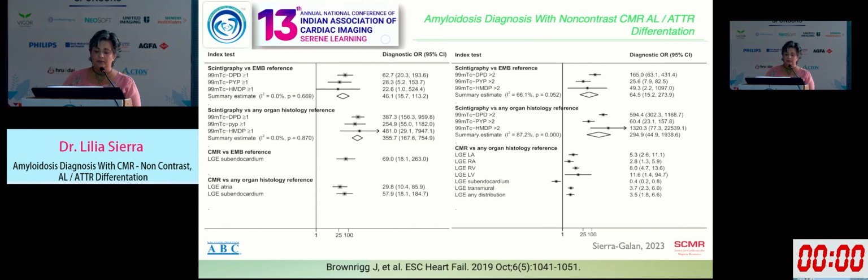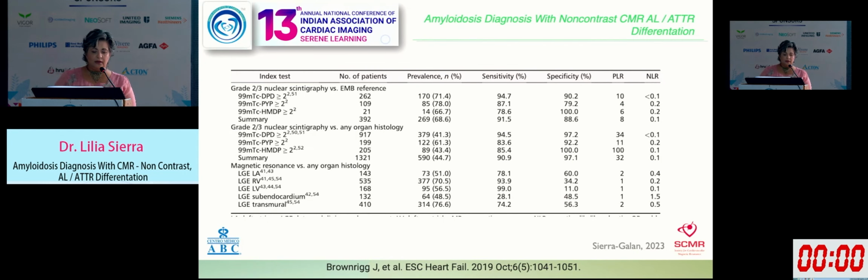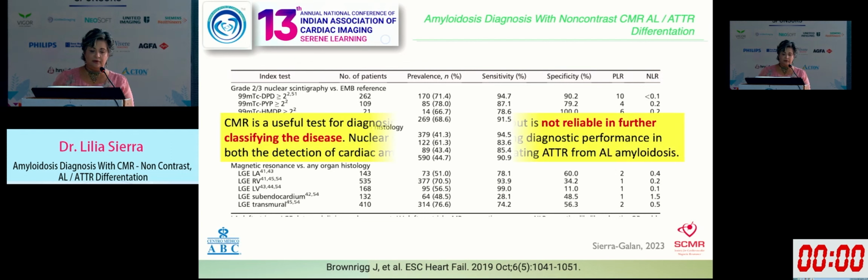So the current recommendations include SPECT to make the diagnosis with the Perugini criteria. So even if CMR is a useful test for diagnosing cardiac amyloidosis, it's good to diagnose, but is not reliable in further classifying the disease.